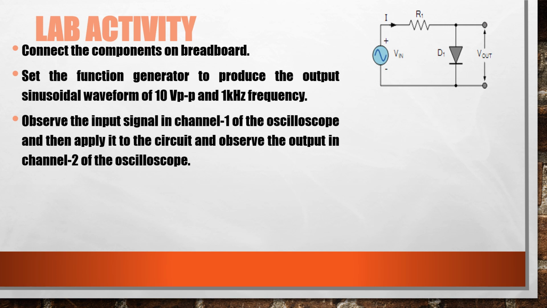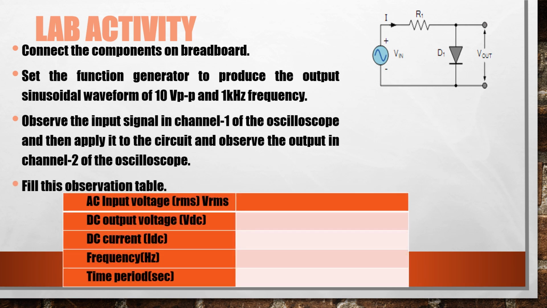Then measure the required parameters and fill this observation table and then draw the input and output waveforms. After that, repeat this procedure for this negative clipper circuit. Okay, so this is your lab activity.